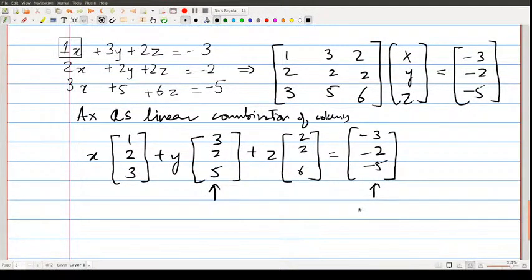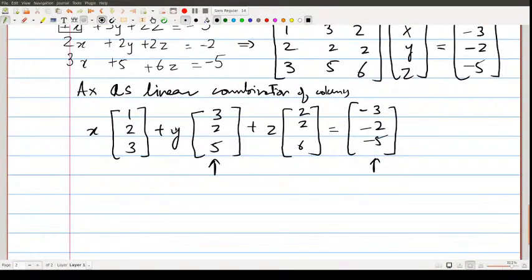The only thing that is different in column 2 and the right hand side is the signs. So this is 3, 2, 5, and this is minus 3, minus 2, minus 5.